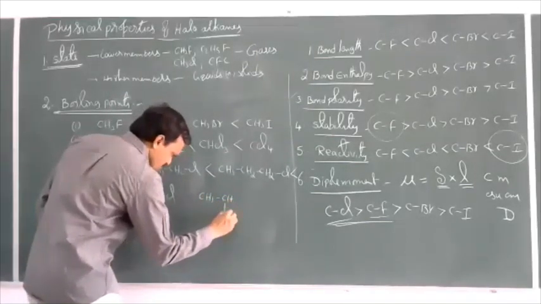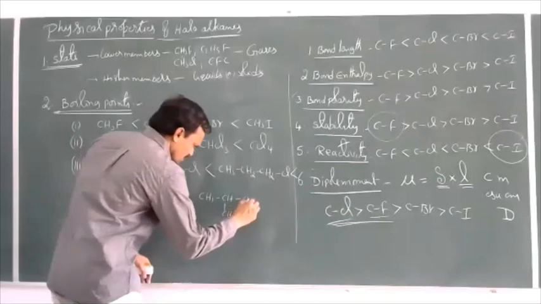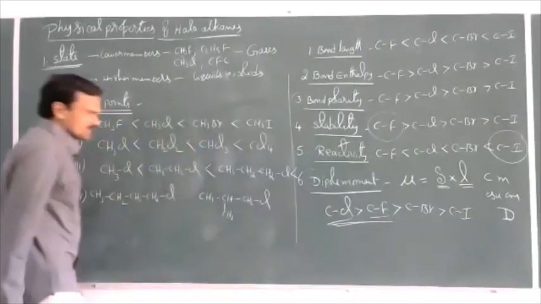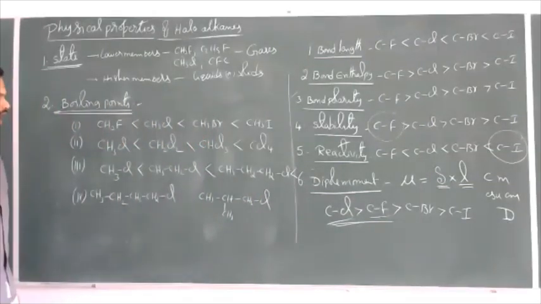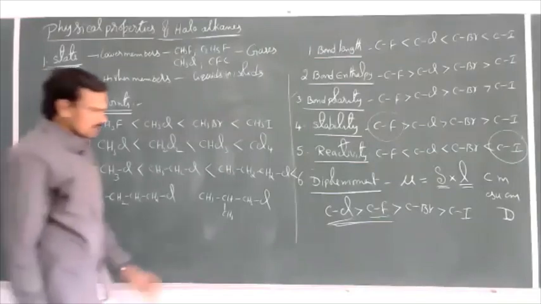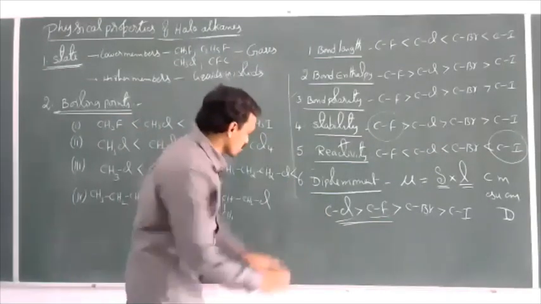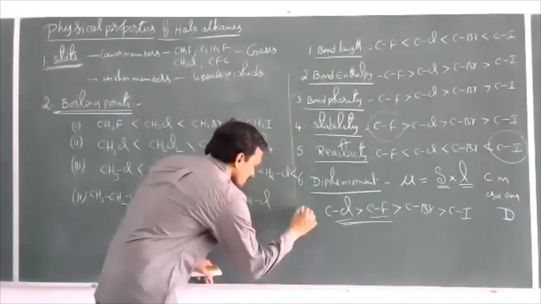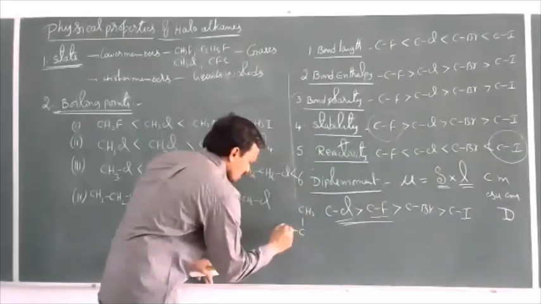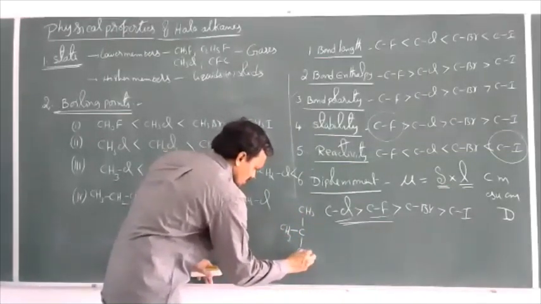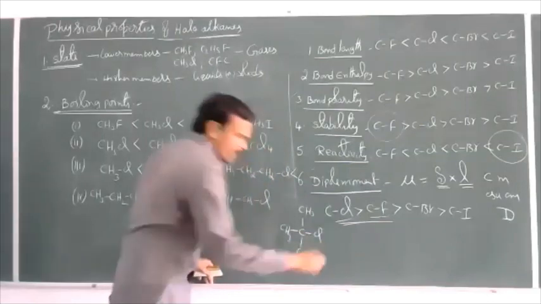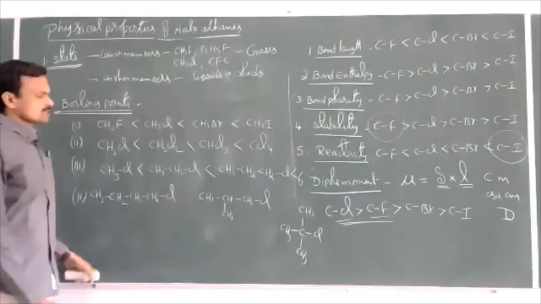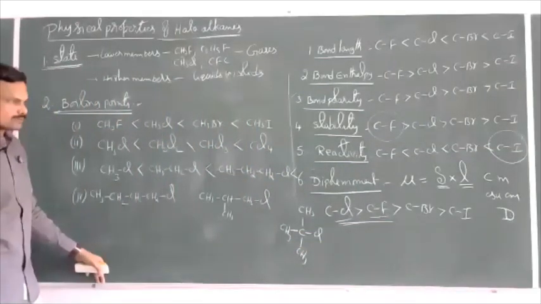(CH3)2CHCH2Cl. This is isobutyl chloride. And one more structure I'll take here. (CH3)3CCl. This is tertiary butyl chloride.